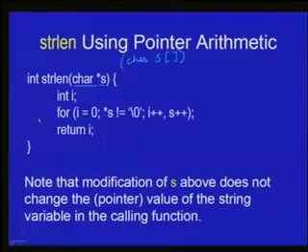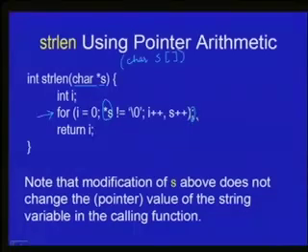So in this version of the function, again i is assigned 0, that will be the count, and we are checking whether s is pointing to the null character. Now star s is nothing but the value of the character to which s points, and as long as that is not null, we keep running the loop.